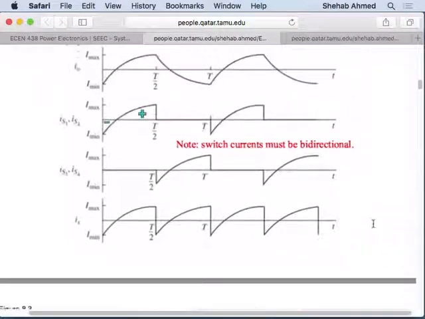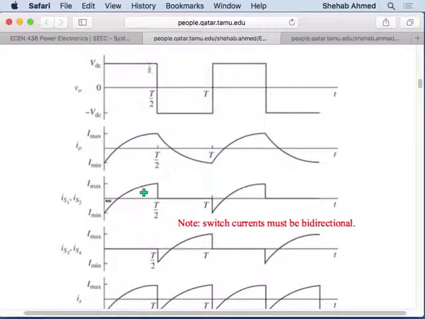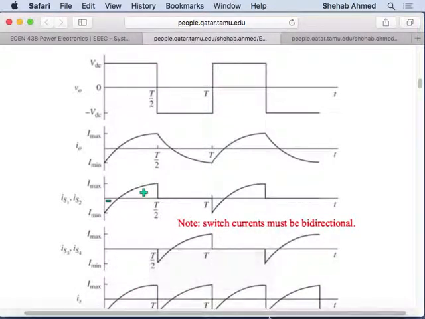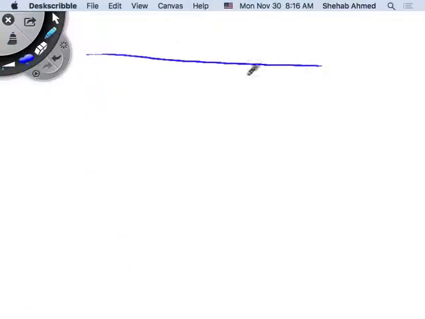One thing I would like to note again is that over here when we have VDC on the output, we have certain switches on, right? So if we go back to our circuit, our circuit looked like this.